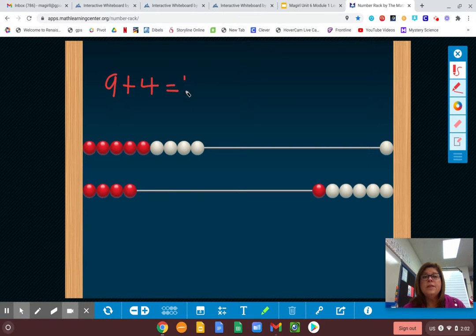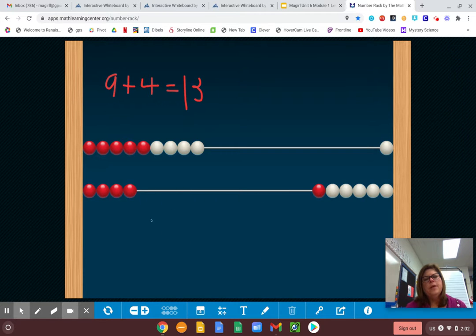Did you get 13? Now, I could have done it a different way. If I wanted to, I would have to take one from the bottom to make this one go over on top to make it a 10. And if I added 10 and 3 more, it also would have been 13.